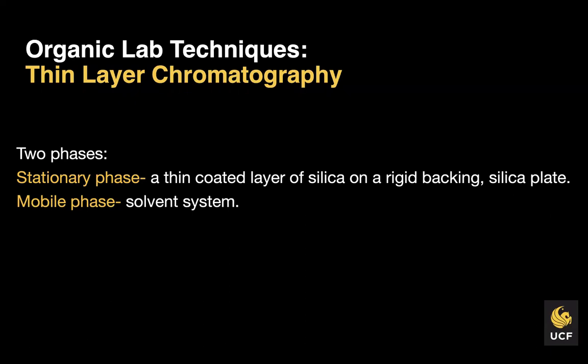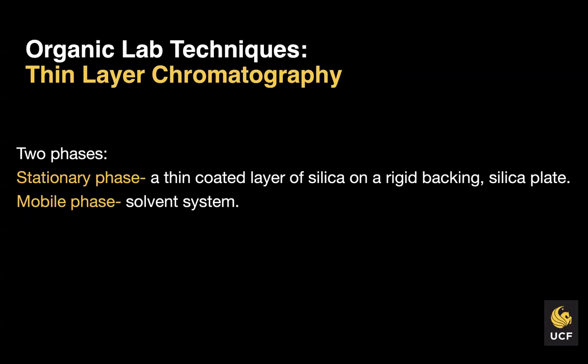So one technique that we use in organic chemistry is thin layer chromatography. It's a technique that allows us to separate molecules within a mixture. Generally in chromatography, we have two phases, a stationary phase and a mobile phase.